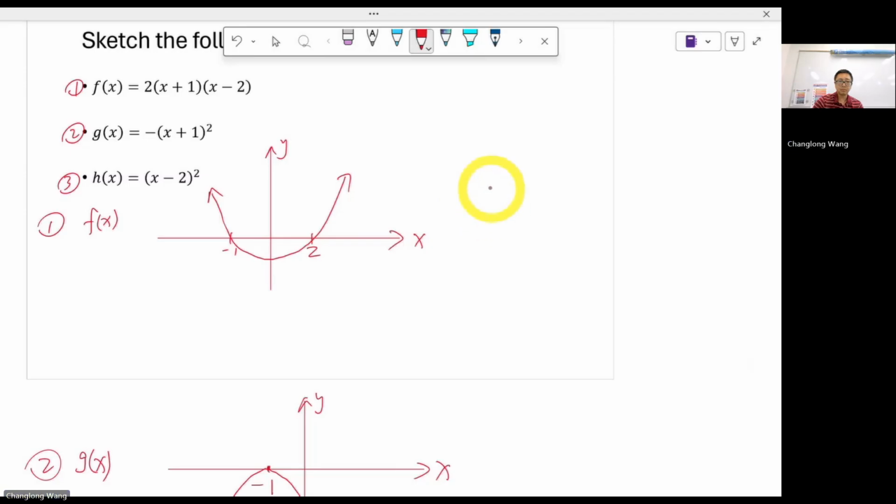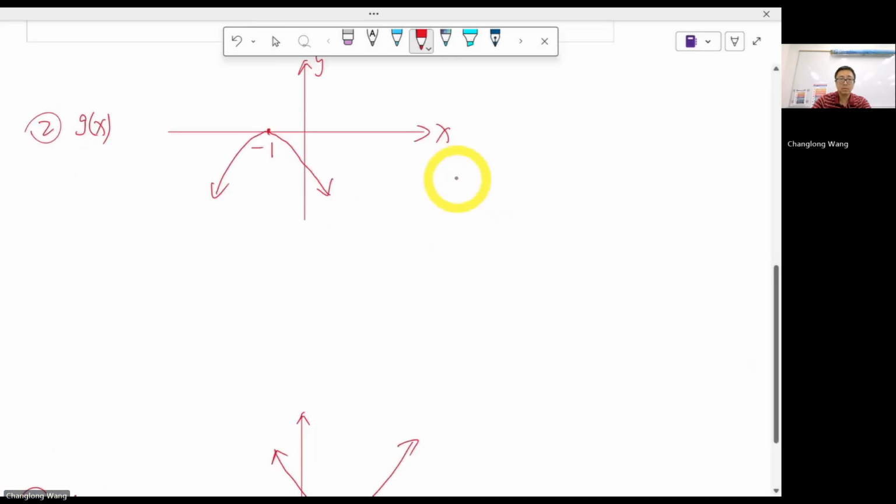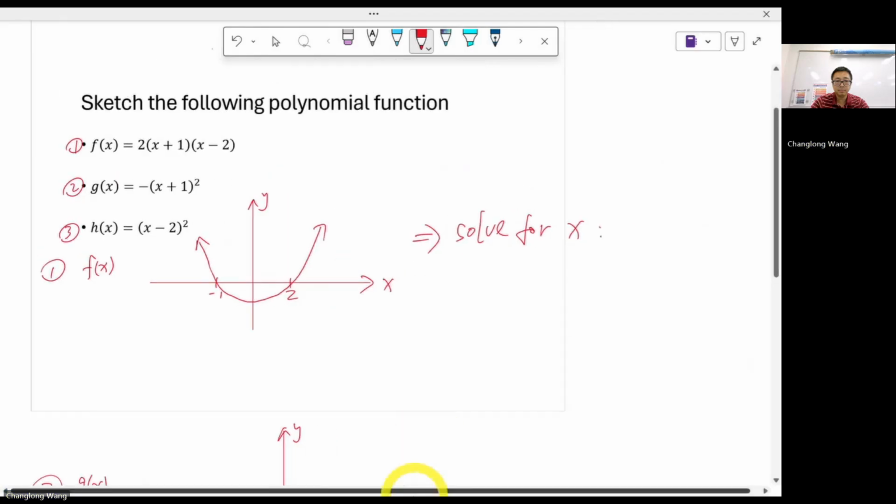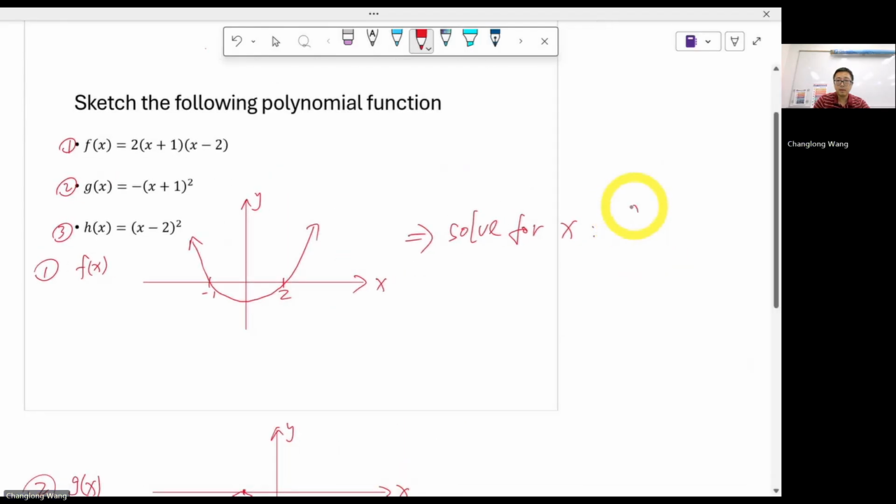a quadratic inequality, right? So let's say solve for x from the inequality, in this case, f of x greater than 0.